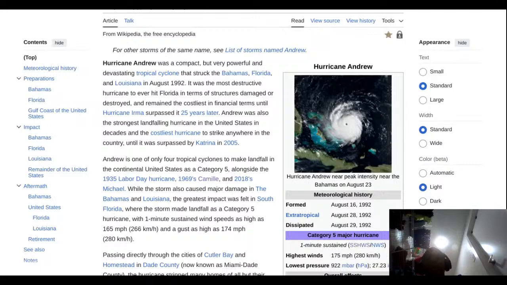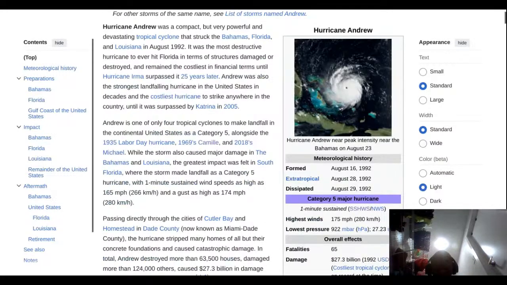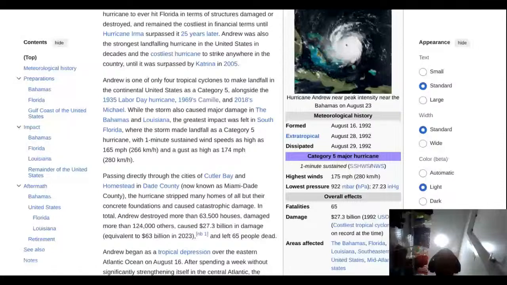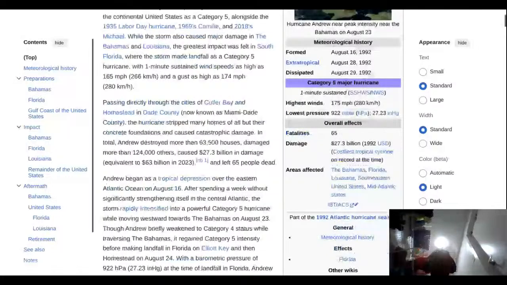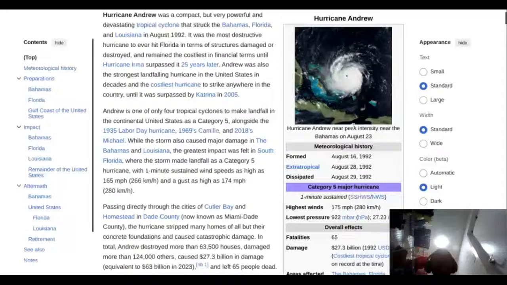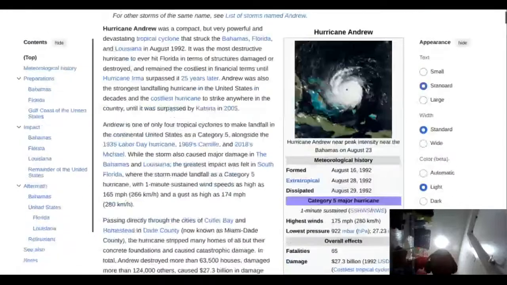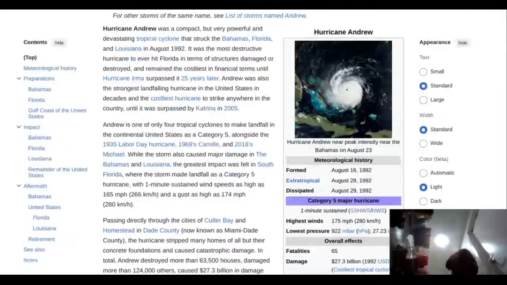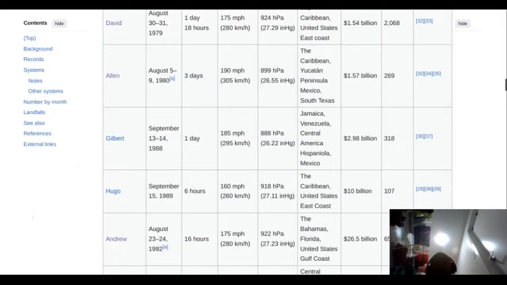This is what caused the 1992 super tornado outbreak between Oklahoma, Louisiana, and Alabama. This was a Category 5 with 75 miles per hour, and it caused 65 fatalities. Hurricane Andrew will always be remembered in the Category 5 books.